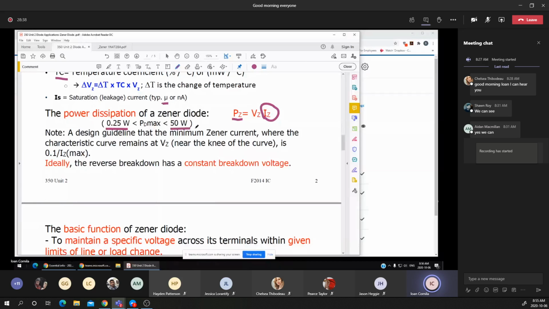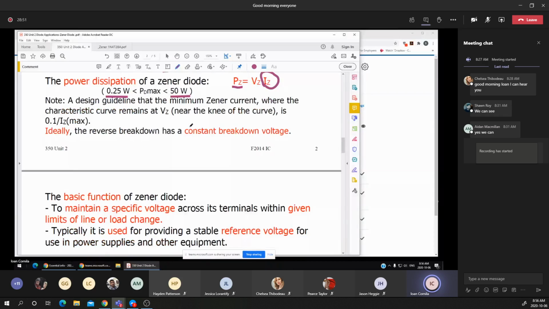The maximum power for a zener diode is 50 watts, which means that we may not see lots of zener diodes that are rated as 50 watts. In our examples, we'll take probably anywhere between 1 to 10 or 20 watts, probably no more than that, because I'm trying to stay closer to the real values. That's why we are not using any large size or large power zener diodes.